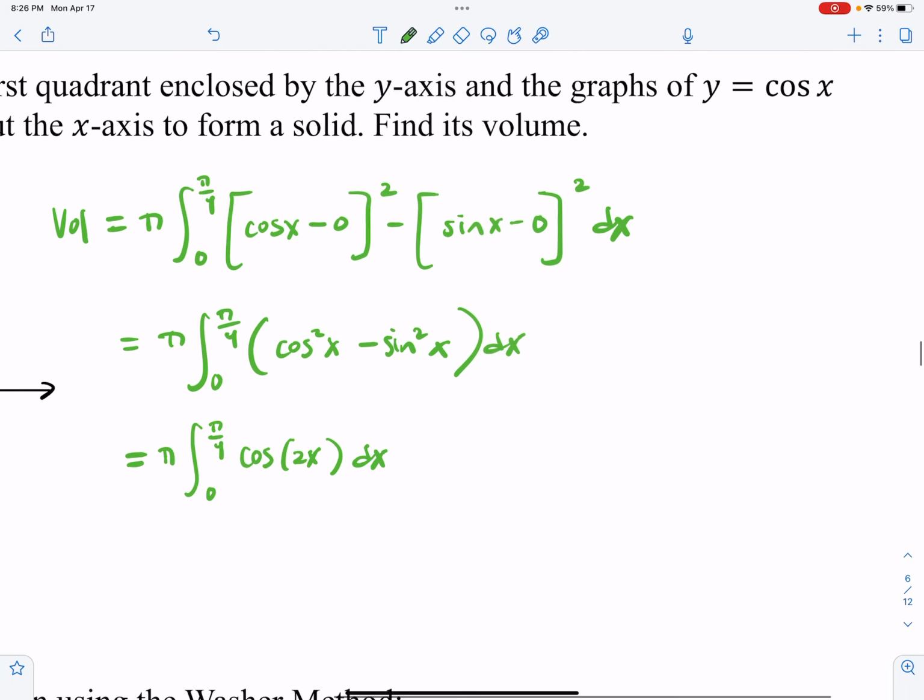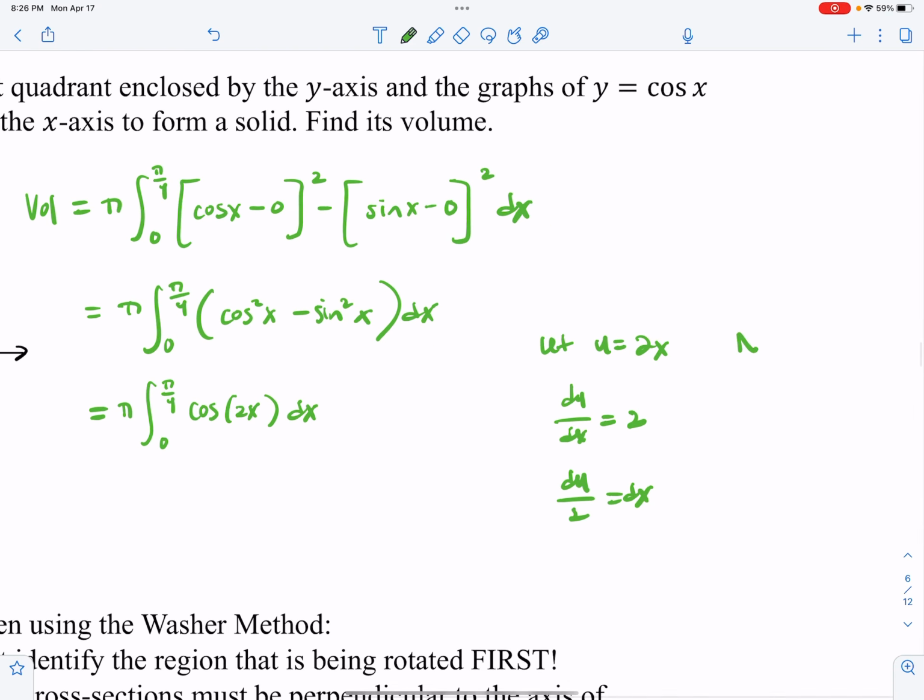And then we can do u substitution. So let u equal 2x, du over dx is 2, so du over 2 equals dx.